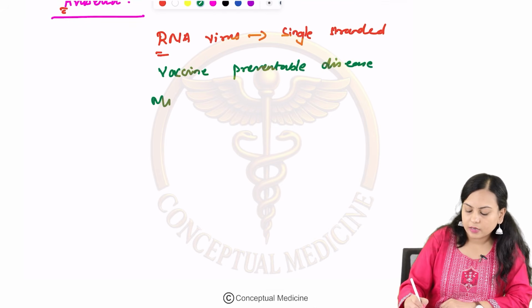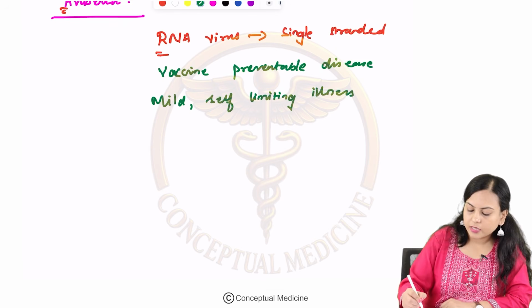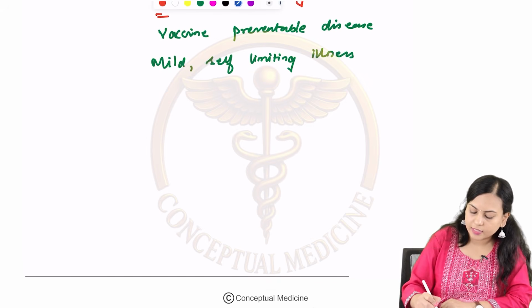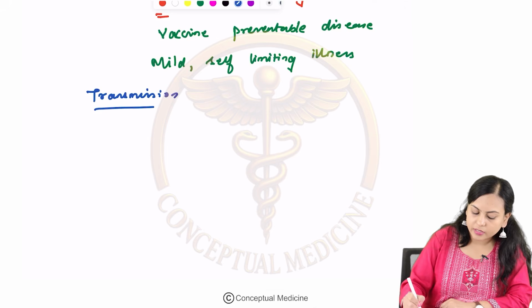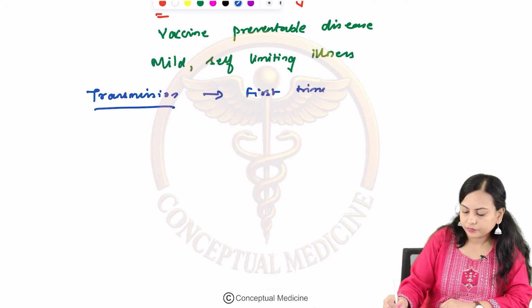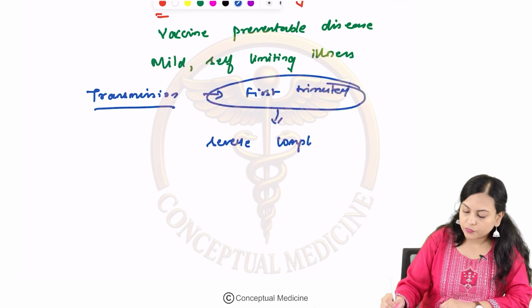You will have only a mild, self-limiting illness, and the transmission rate is more in the first trimester, and during this trimester only you will be able to see severe complications also.